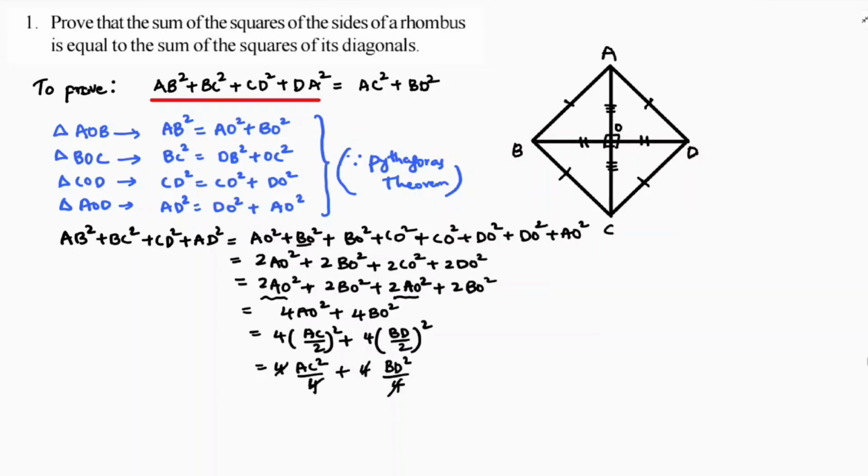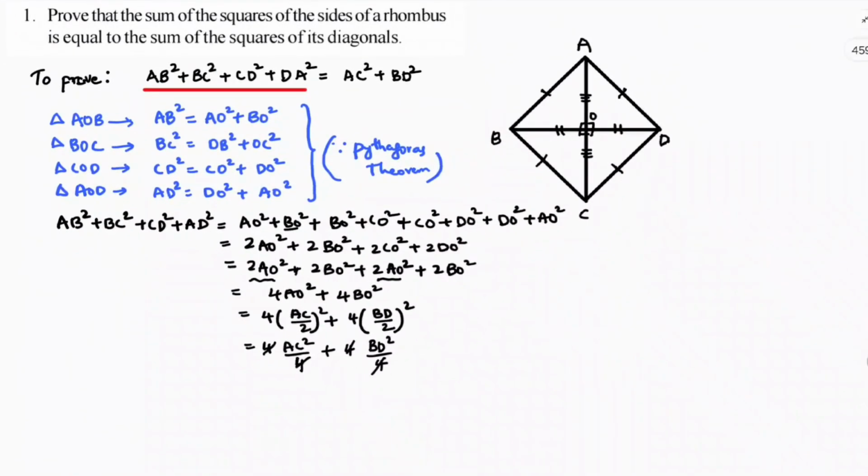So we got the sum of the squares of its diagonals: AC square plus BD square. So this is one method; you can prove it in this way.